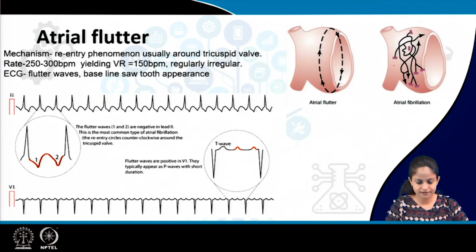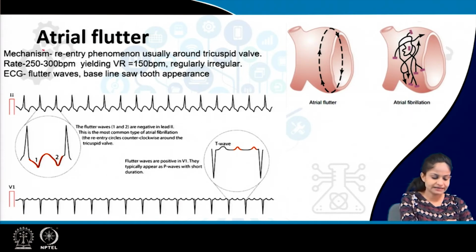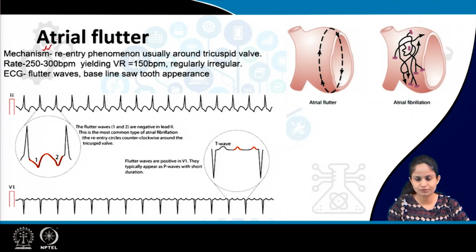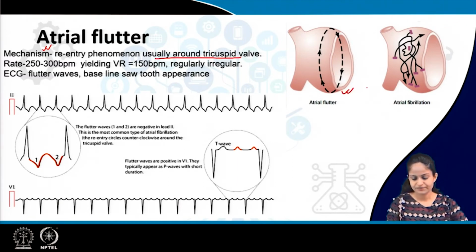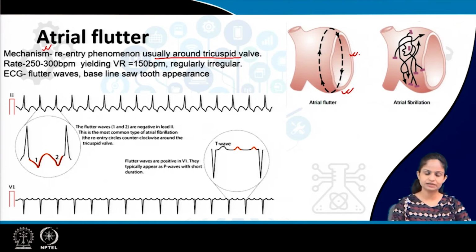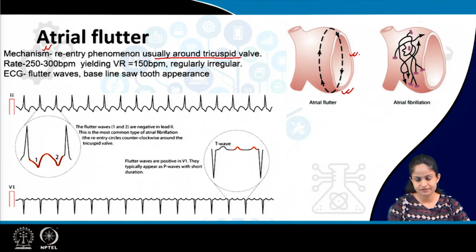Now, atrial flutter, the mechanism I have already told you: the re-entry phenomenon occurs at an anatomical location, usually around the tricuspid valve. You can see this is the tricuspid valve. The re-entrant phenomenon here can occur anti-clockwise or clockwise. Based on the re-entry circuit, we get the flutter waves appearing positive or negative in the respective leads.